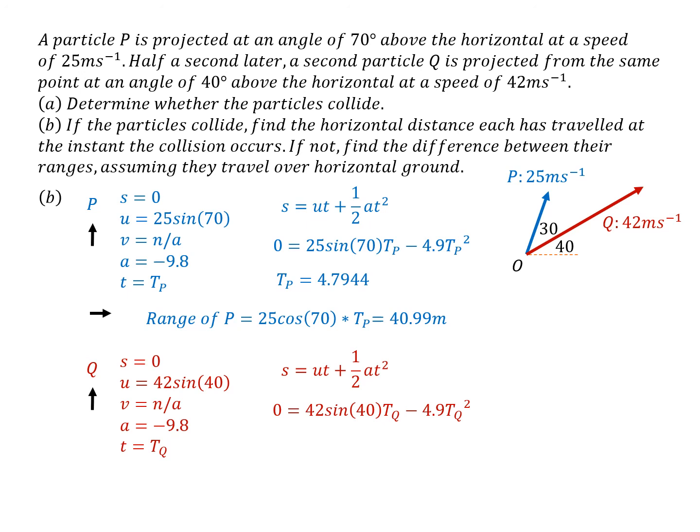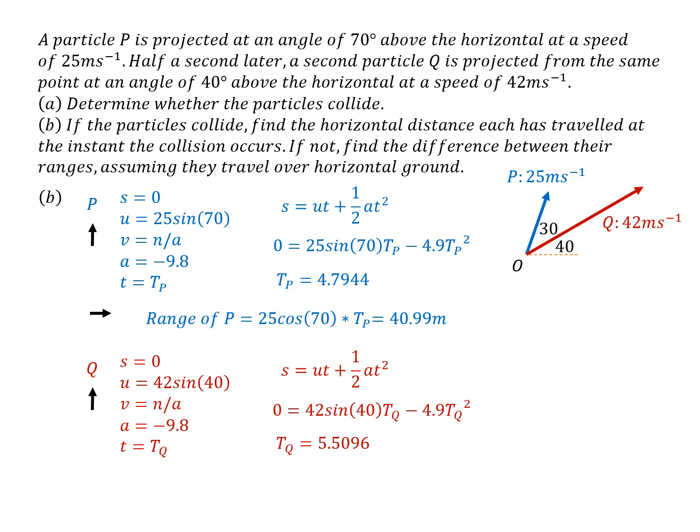So s equals ut plus half at squared again, and that gives us this equation, which gives us tQ as 5.5096. Now, the difference in their launch times is not relevant here because we're just looking to find the difference between their ranges.